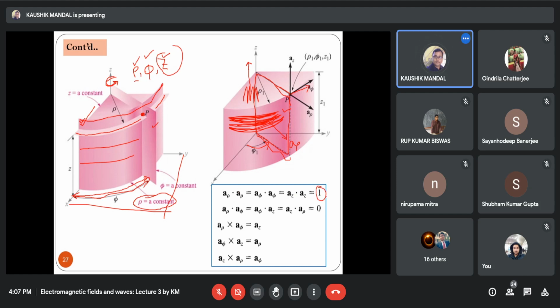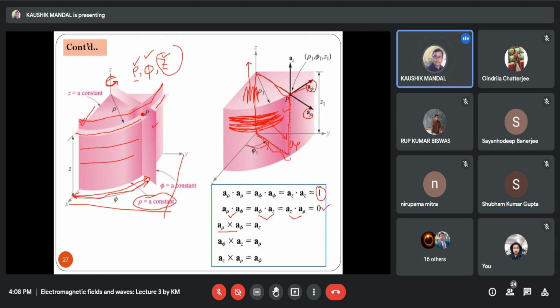If you consider the orthogonal combinations, a rho dot a phi, the angle between these two unit vectors is 90 degrees. Similarly, a phi and a z, a z and a rho, they are mutually perpendicular with each other. So all these dot products will be 0.